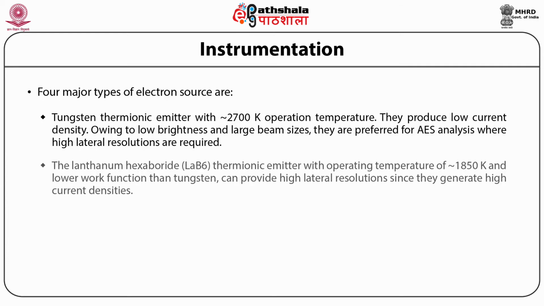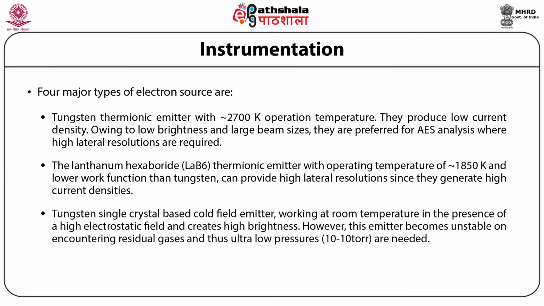Second, the lanthanum hexaboride LaB6 thermionic emitter with an operating temperature of approximately 1850 Kelvin and a lower work function than tungsten. It can provide high resolution since it generates high temperature in the presence of a high electrostatic field and creates high brightness.